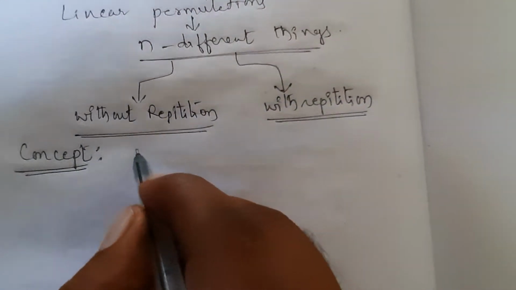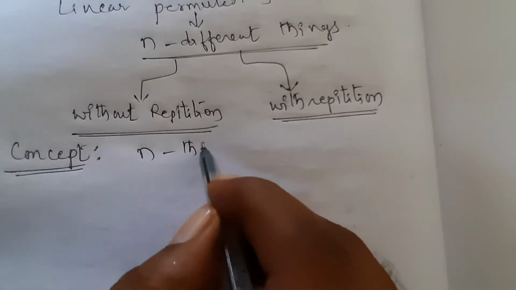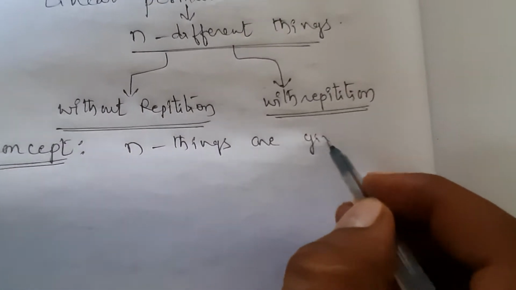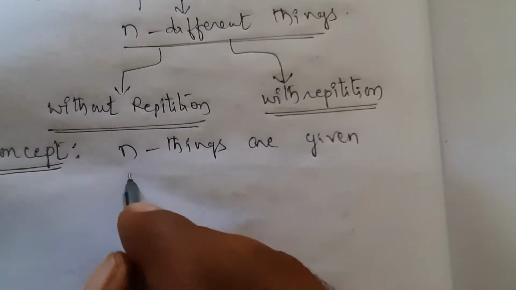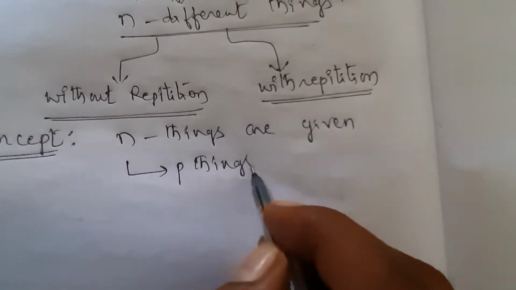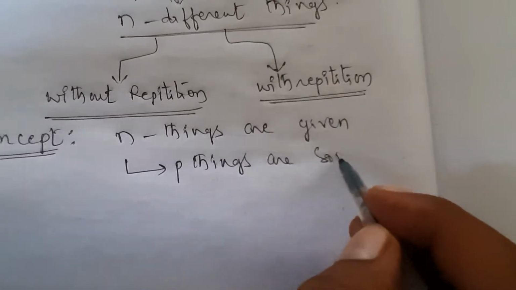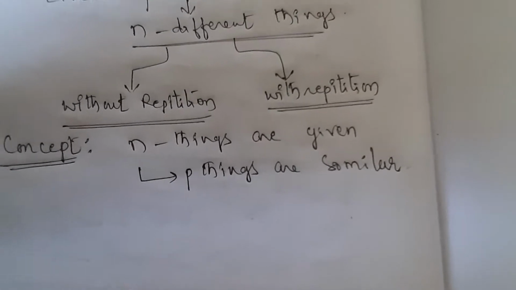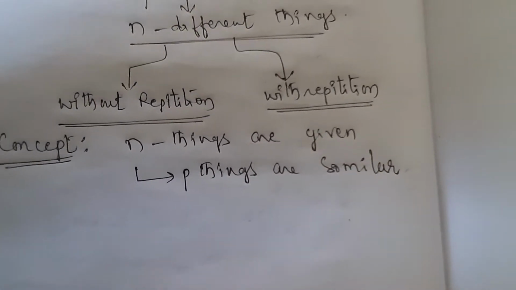Okay, for example, n things are given. Out of these n things, if p things are similar, then in how many ways can we arrange them?